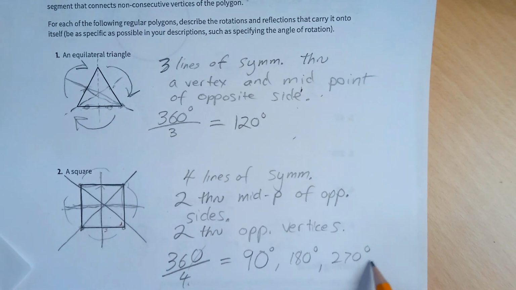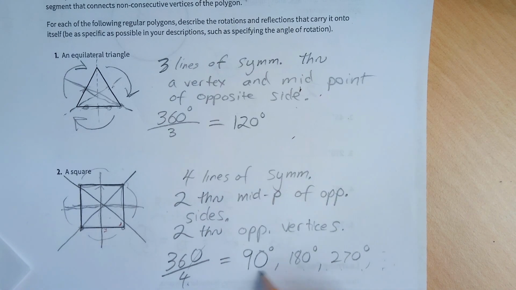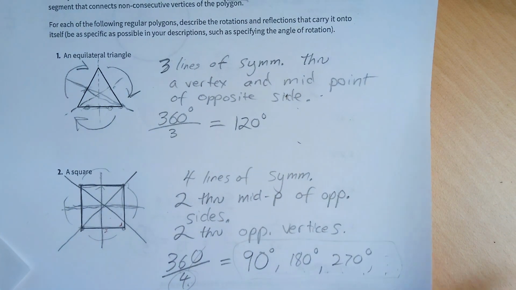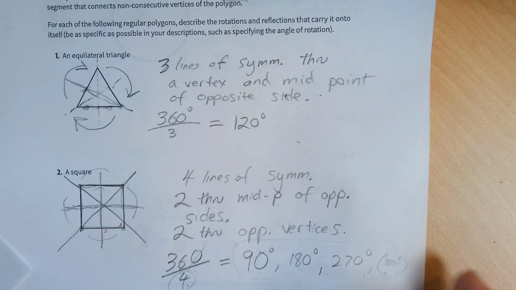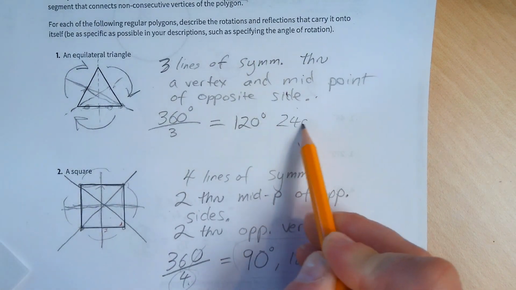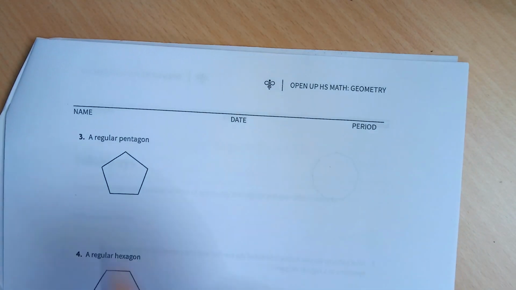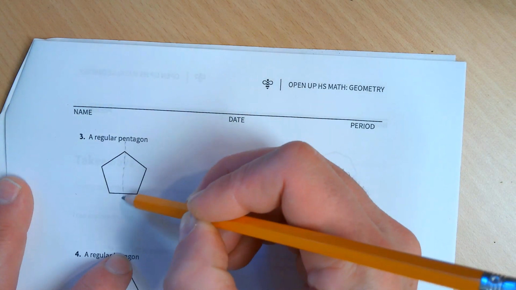The 360 doesn't count for rotational symmetry, but I like thinking of it because then it would make 4 total. We divided by 4. That's the 4th one, even though 360 rotation doesn't count as rotational symmetry. So maybe I'll write in parentheses. Same thing here. This is 120 and 240.